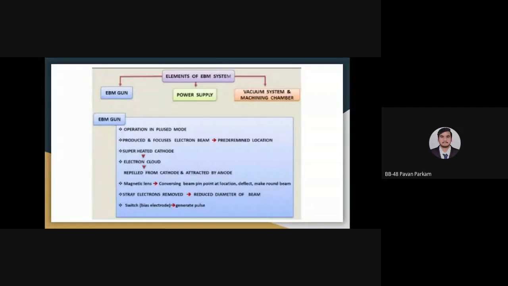There is a superheated cathode to generate the electron beam. Usually the cathode is a tungsten filament heated to a very high temperature, or you can use a solid block of cathode heated by radiation from the filament. Both are possible.